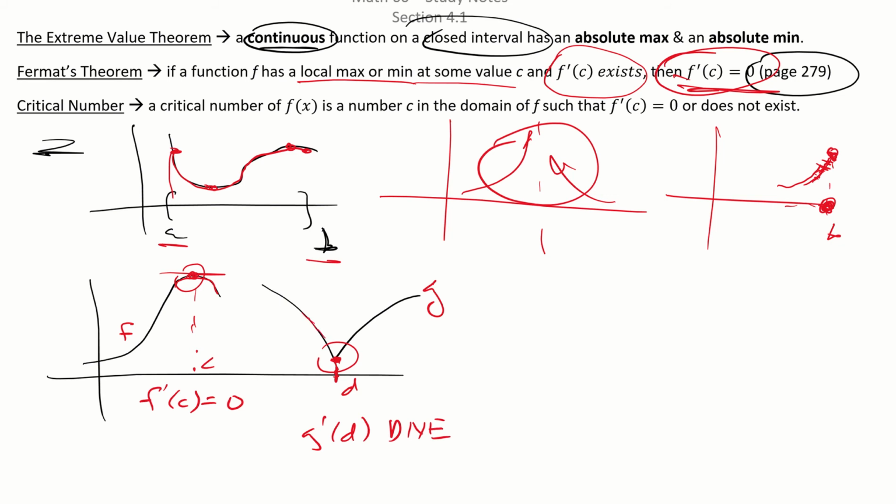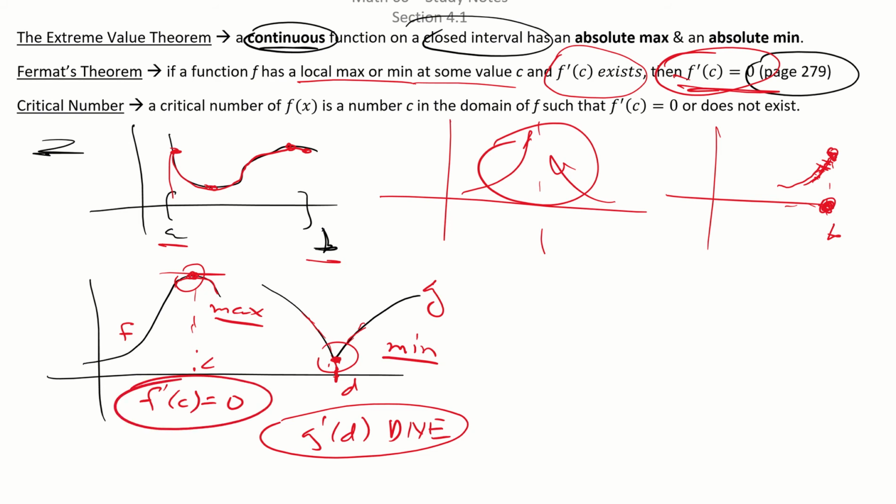Because the slopes are tending towards probably negative infinity from one side, positive infinity from the right-hand side. The derivative doesn't exist. That doesn't mean that the minimum doesn't exist. There is a minimum here when g prime doesn't exist. There is a max here when f prime does exist, but in that case it's 0.